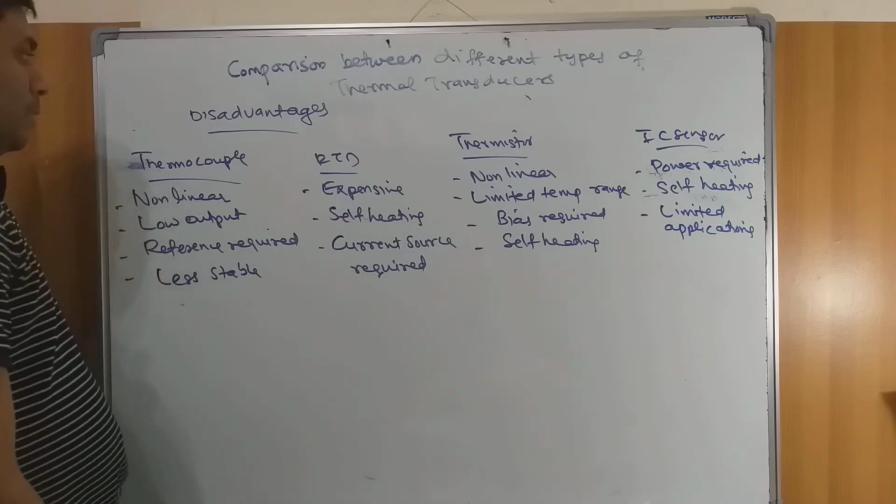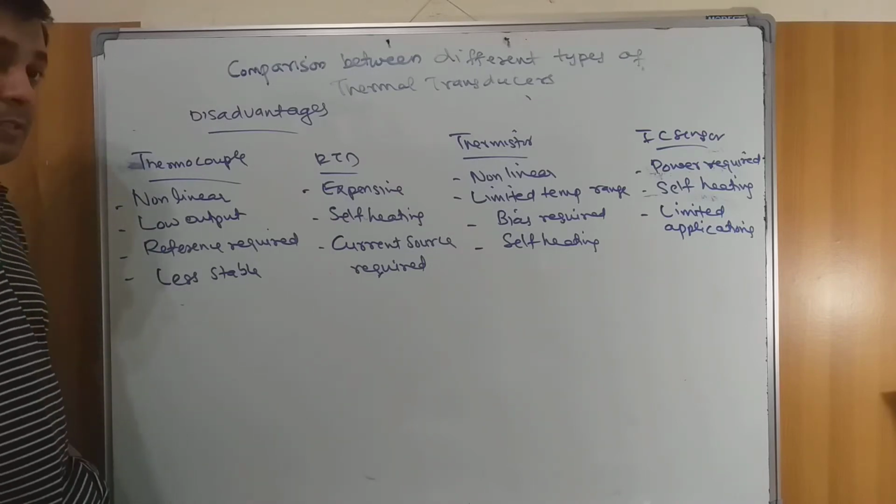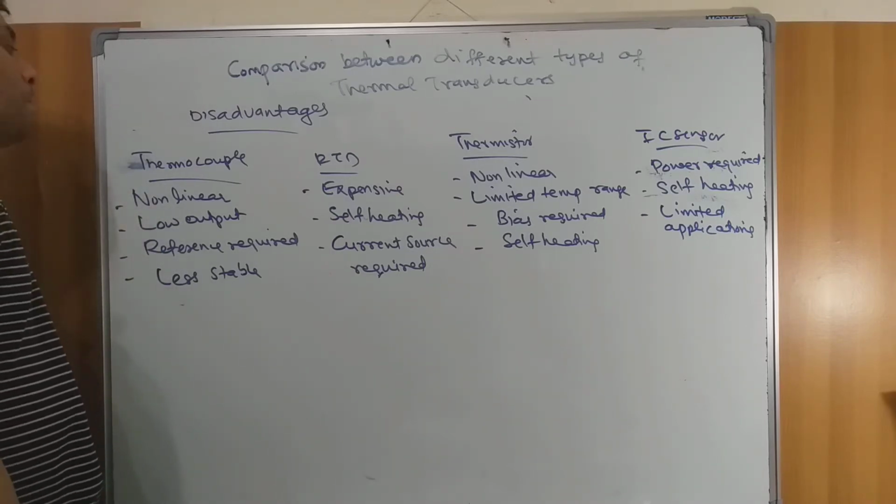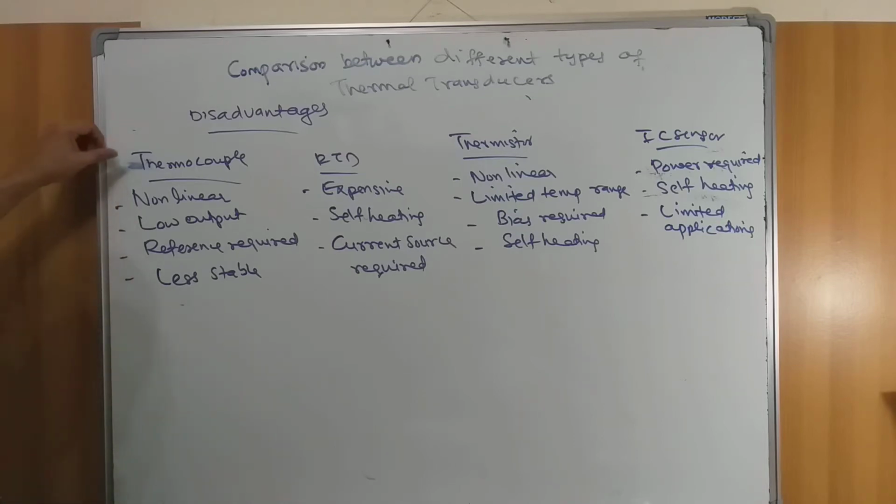Now we are also looking at the various disadvantages of these types of sensors. The first sensor, the thermocouple, is non-linear. We already discussed the non-linear relation of the thermocouple in the previous slides.